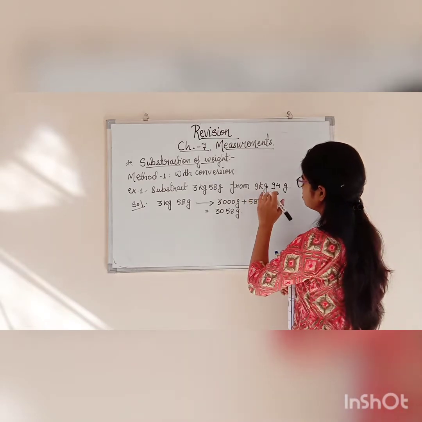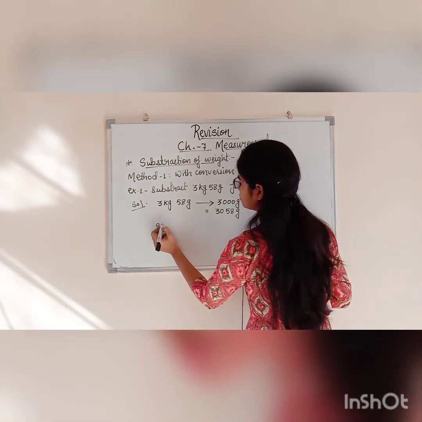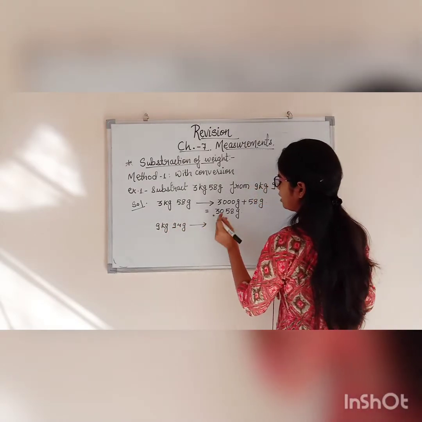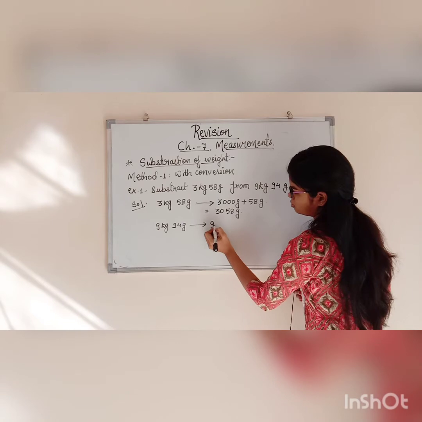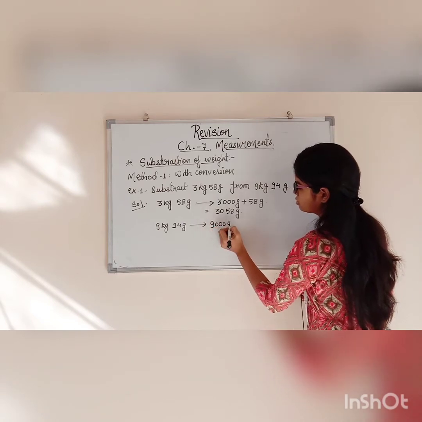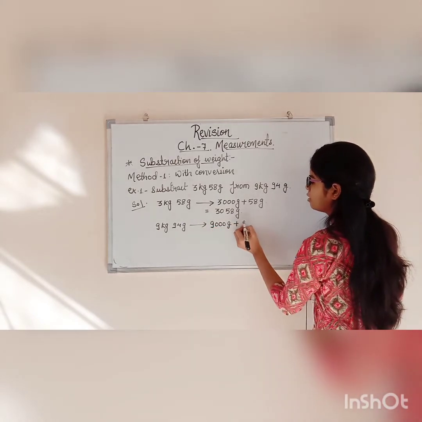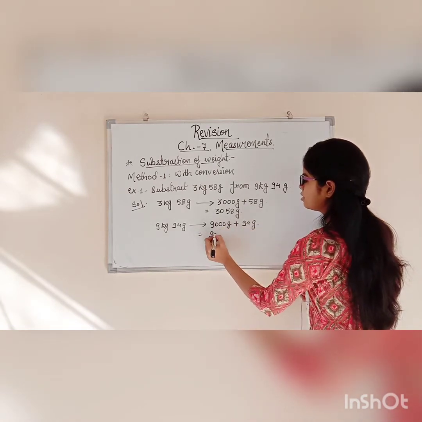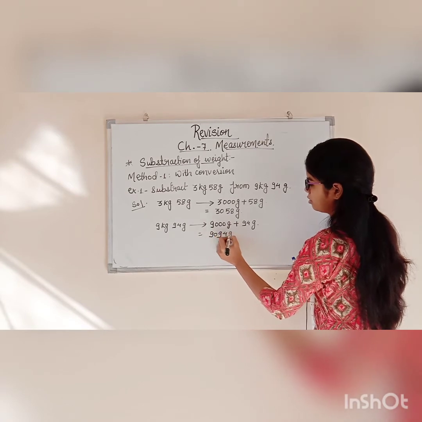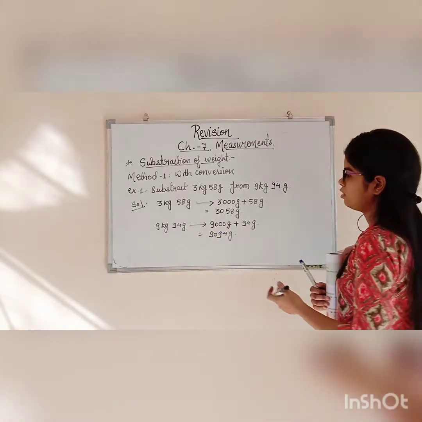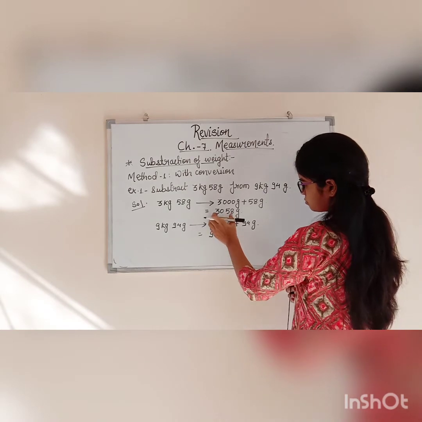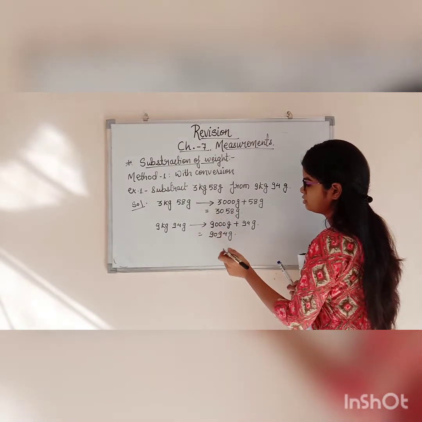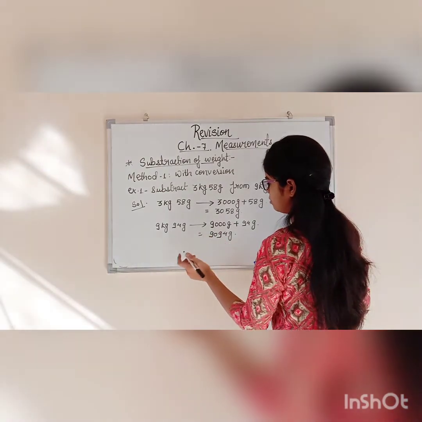Then the next is 9 kilogram and 94 gram, which is 9000 gram plus 94 gram, and the total is 9094 gram. After this, we have to subtract 3058 gram from 9094 grams.